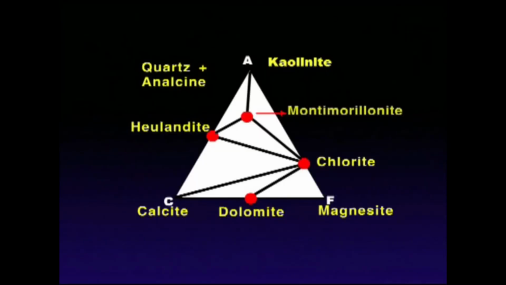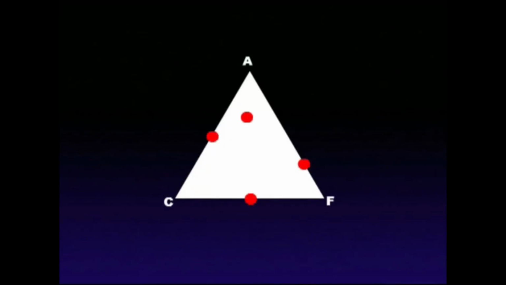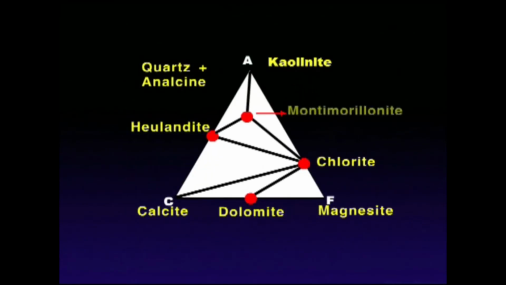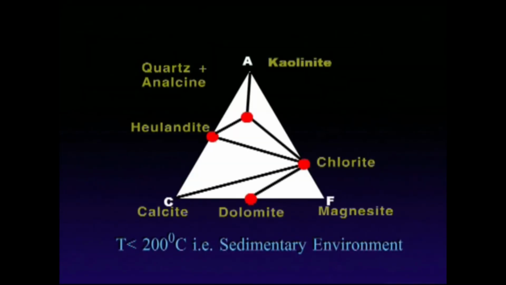From C to F are calcite, dolomite and magnesite, and on the tie line between A and F are kaolinite, chlorite, magnesite. Within the diagram, we can also find montmorillonite. This is the initial ACF diagram for purely sedimentary environments when temperature is less than 200 degrees centigrade.